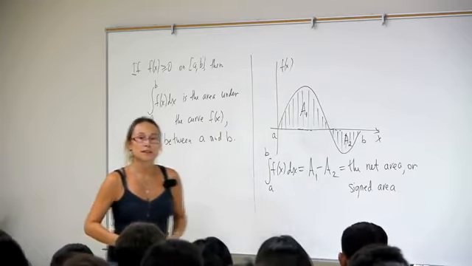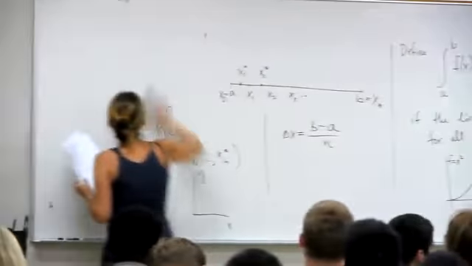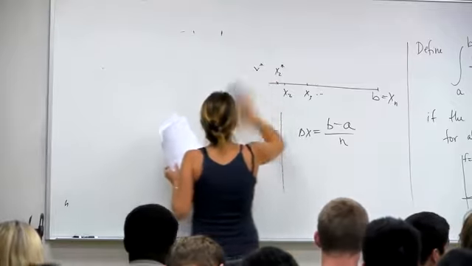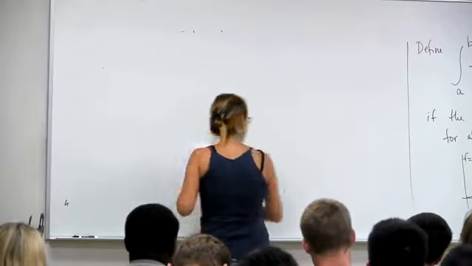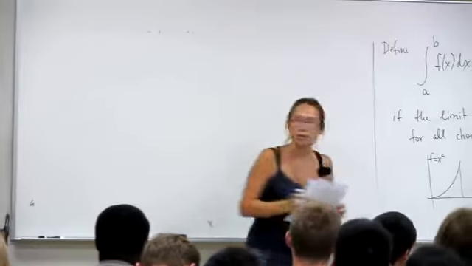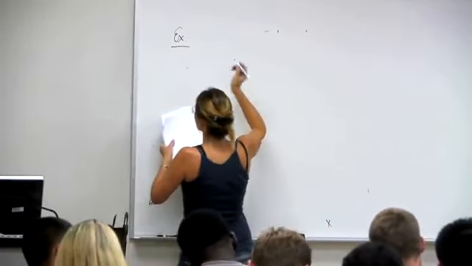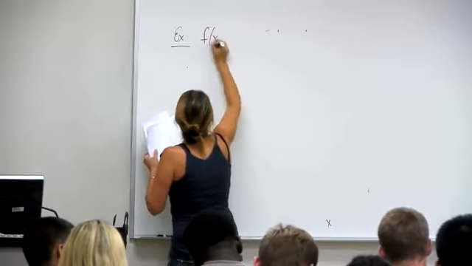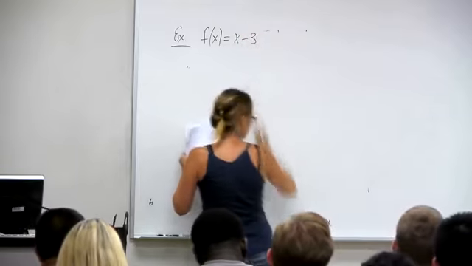And next, I'm going to show you an example of using this definition to calculate the integral. And this example is such that we will know the answer before we did any calculations. Okay. So in this example, we set f of x is x minus 3.